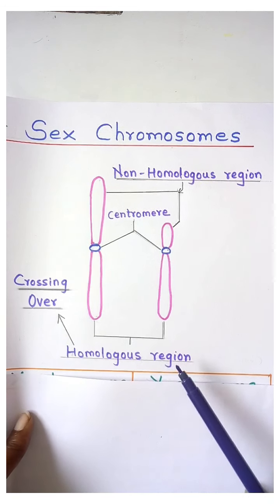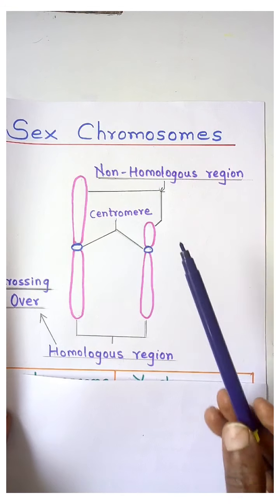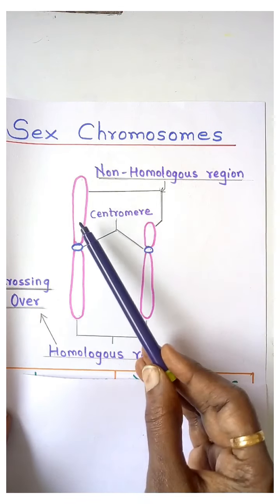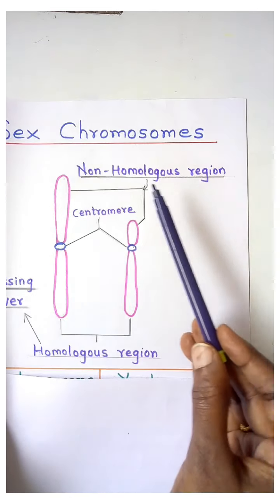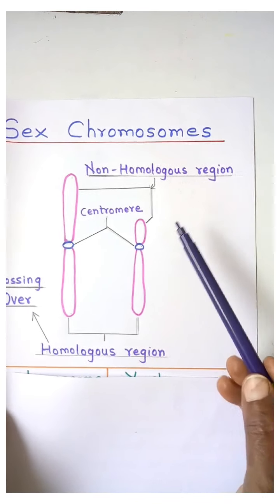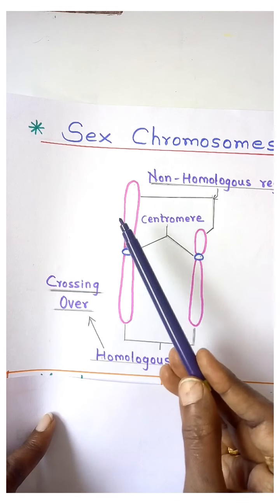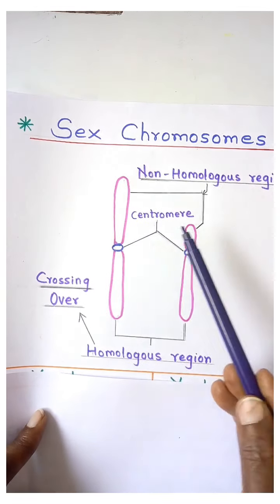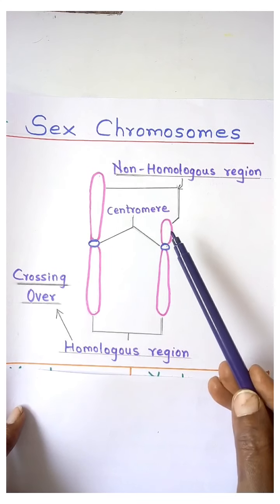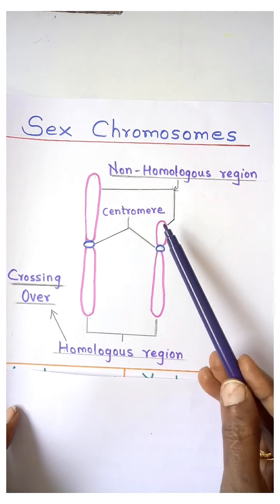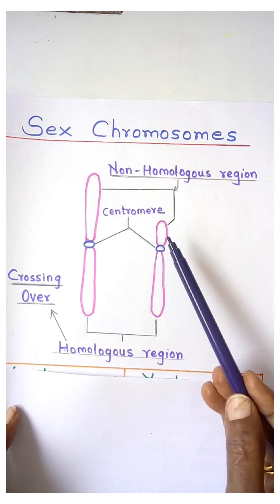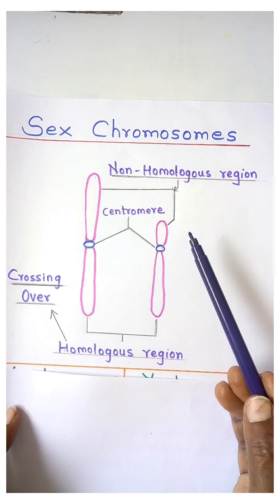Homologous regions contain similar genes, whereas non-homologous regions contain dissimilar genes. The non-homologous region of the X chromosome contains X-linked genes, and the non-homologous region of the Y chromosome contains Y-linked genes.